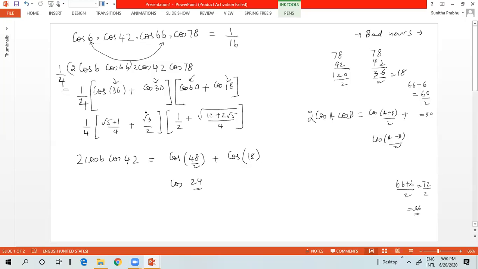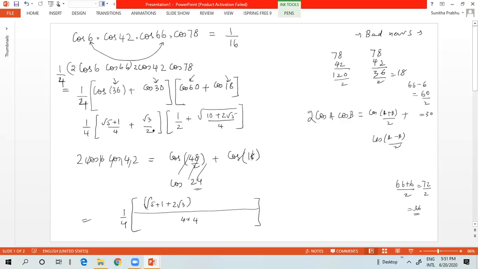Now it's a question of simplifying this, guys. It will be (root 5 plus 1) into 2, that'll be 2 root 5 plus 2, plus 2 root 3, plus 4 root 3.